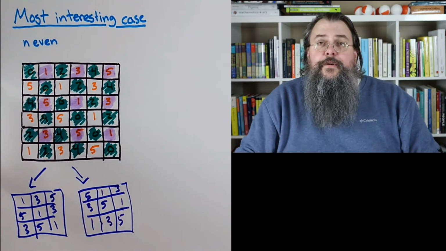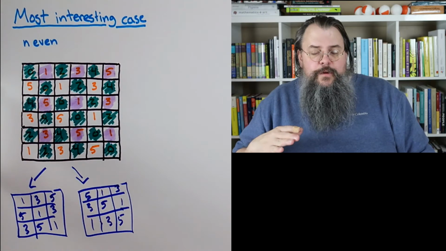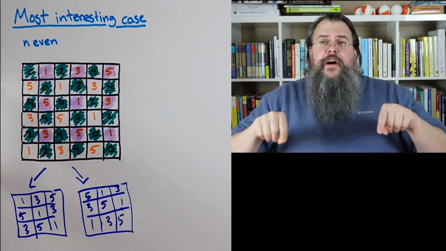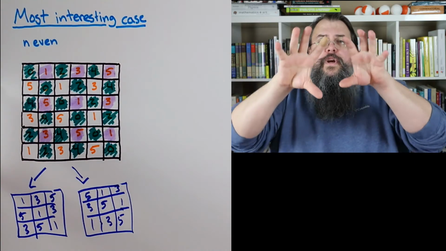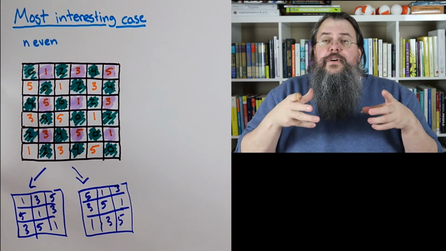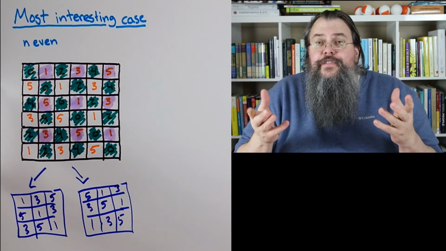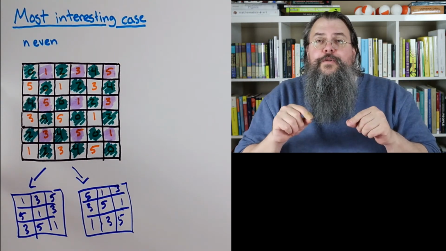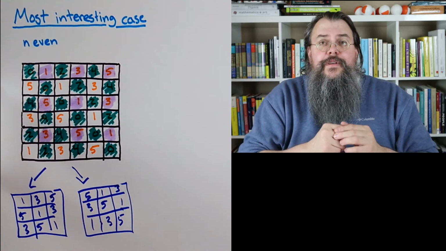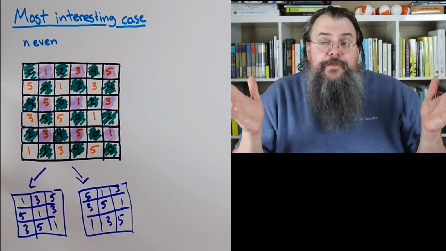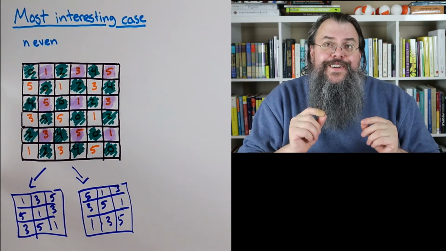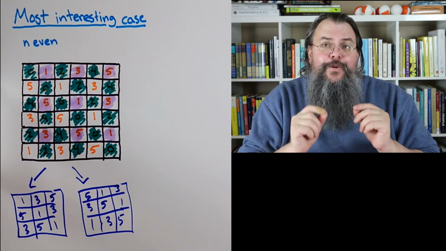So now in some sense what we've done is transform the problem. Instead of putting rooks on a large board, we're going to put rooks on two small boards. The good news is we know how to put rooks on a small board. We just have to keep track of our count and how to go back and forth. Once we have that, life is good. We've got our answer.